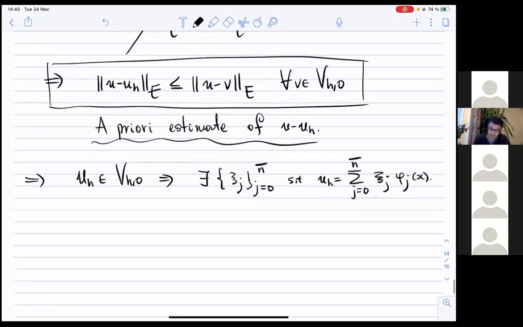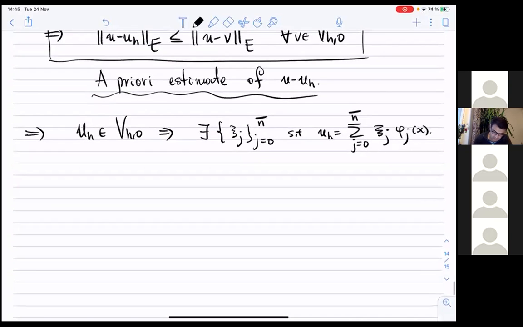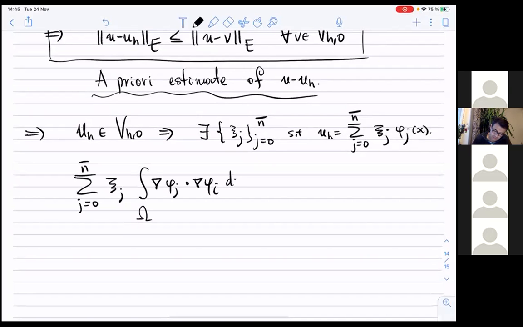So we insert it into the finite element formulation, rearrange, and get the following linear system: the sum over j equal to 0 to n bar of psi_j times the integral over omega of gradient of phi_j times gradient of phi_i dx is equal to the integral over omega of f phi_i dx, for all i equal to 0 to n bar.